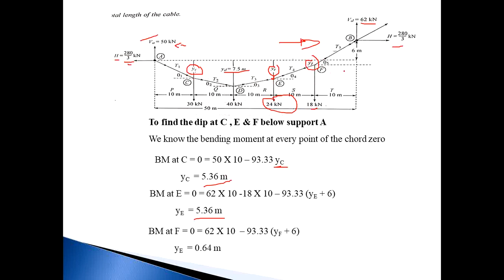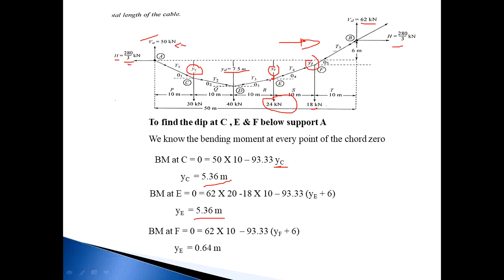So there is no moment for 24 kilonewton. So first 62 kilonewton into perpendicular distance, 10 plus 10, that is 20. So 62 into 20. Then 18 into 10, and H is equal to 280 by 3, that is 93.33.